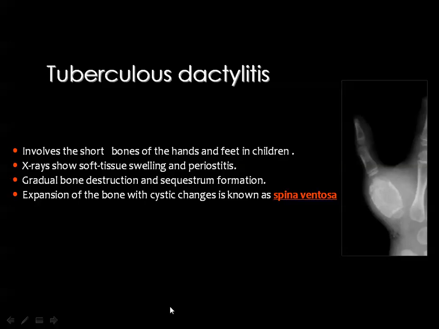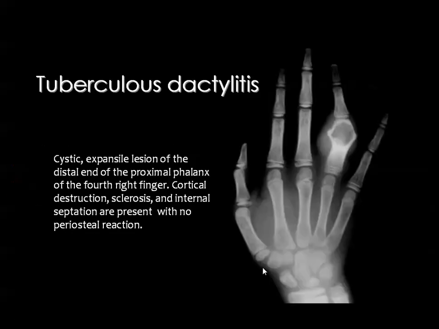Also, one of the particular appearances of TB in the hand is the presence of what is known as spina ventosa or TB dactylitis. There is involvement of the metacarpal or even the phalanx, and this involvement will appear in the form of considerable expansion and sometimes cystic changes and bone sclerosis of the involved bone.